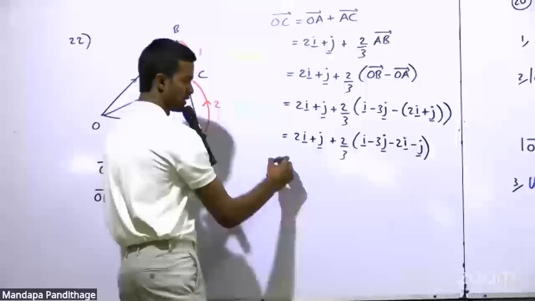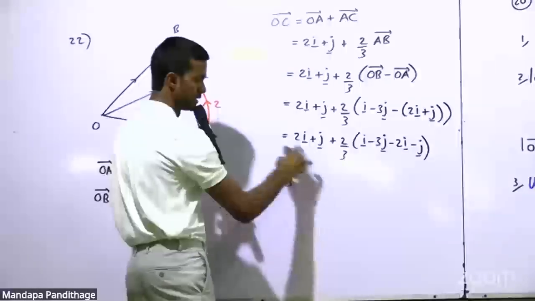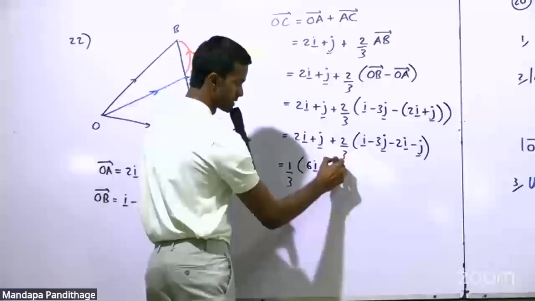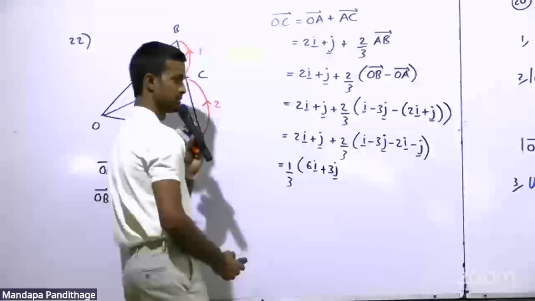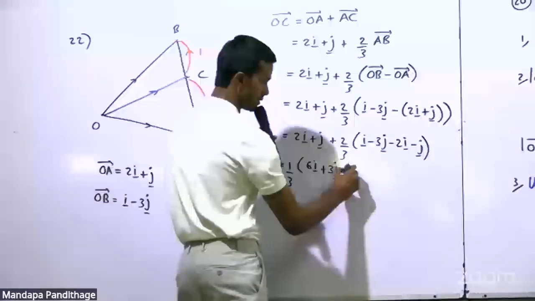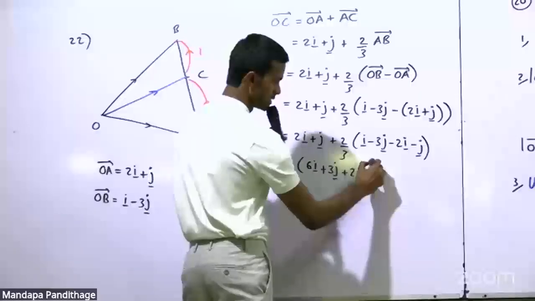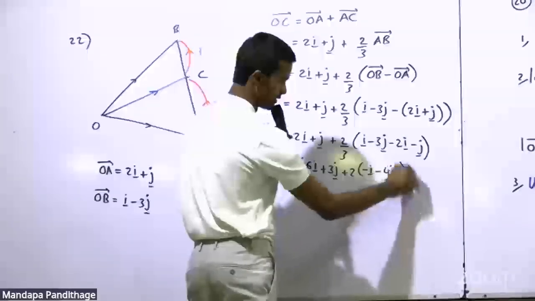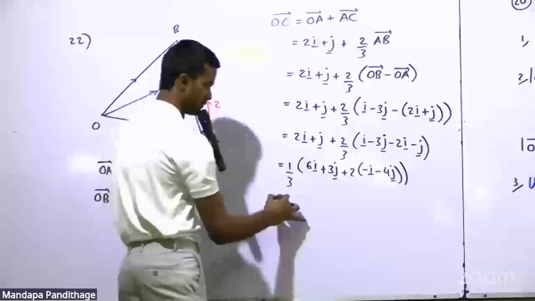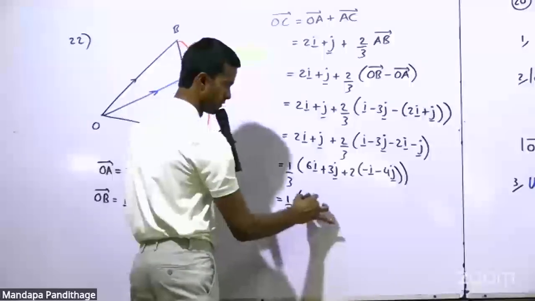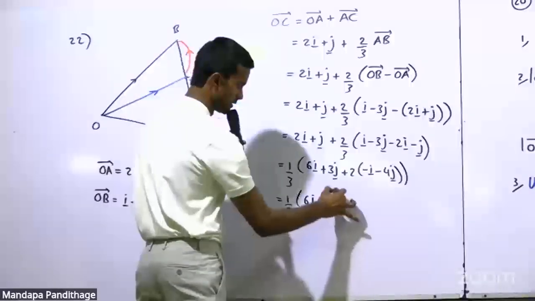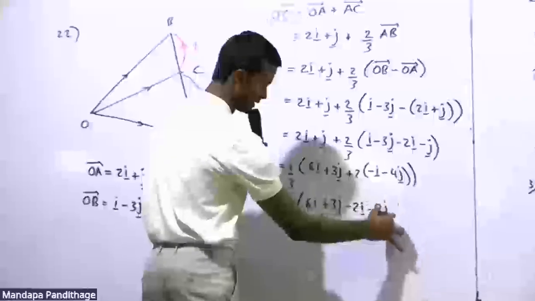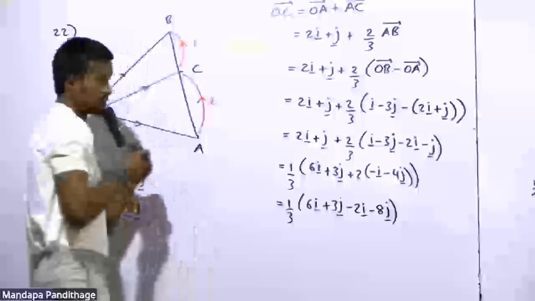So if you take out this 1 over 3, this becomes 6i plus 3j, plus 2 times this, which is minus i minus 4j. So when you simplify further, I get minus 2i minus 8j. So I have got this answer.